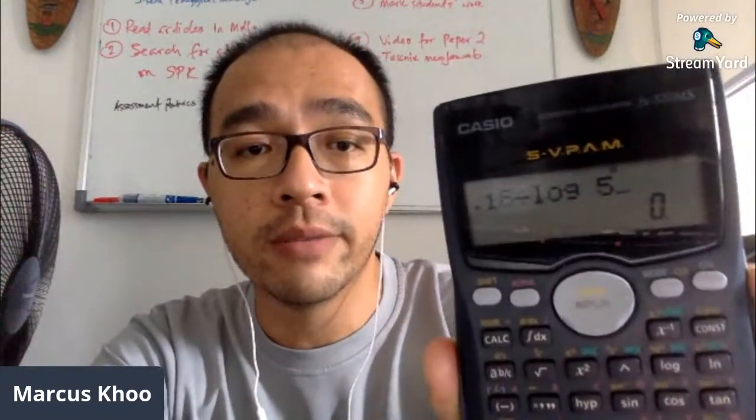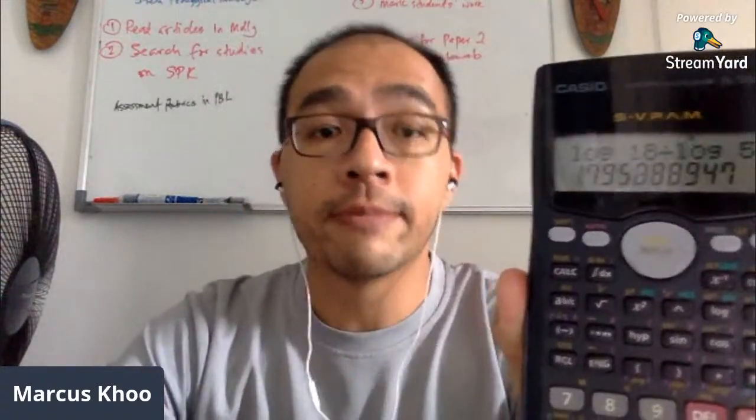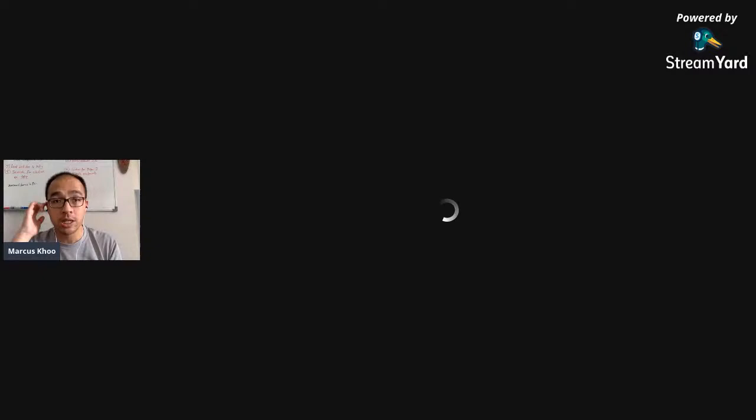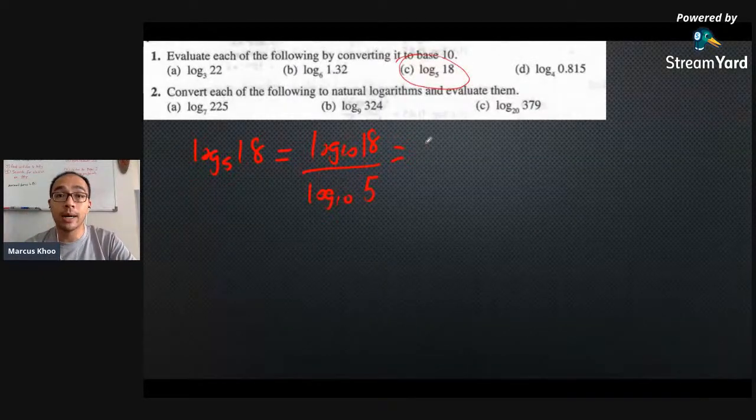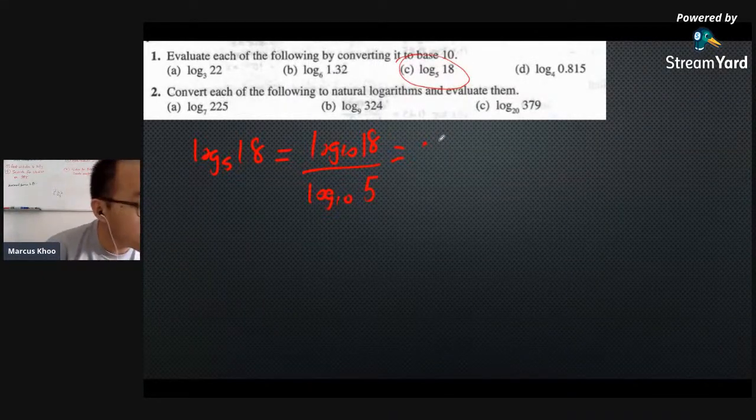I press equals and I get 1.796. So that's why base conversion is very helpful, because it helps us find values for any log as long as we know how to change it to log base 10.